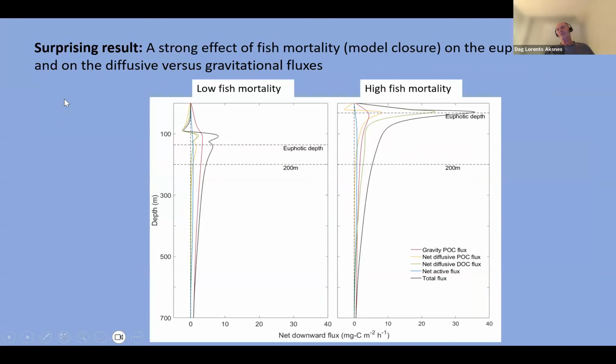Okay, the surprising result. When we start to manipulate particularly the forcings of the model, the forcing of the model is here fish mortality, because that's the closure of the model. When you go up the food chain, the fish is at the top, and of course we have to close the fish with something that is called here mortality.